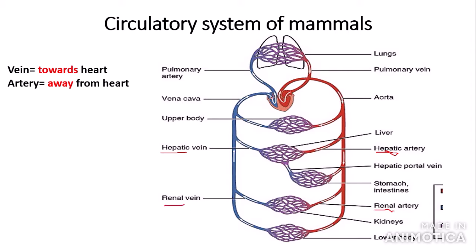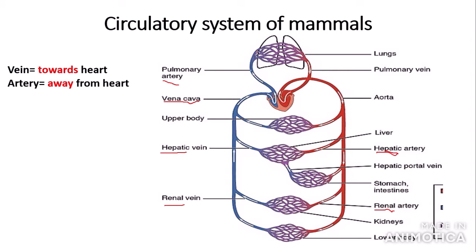Here we have the main blood vessels supplying the heart. The blood vessel that supplies the heart with deoxygenated blood is called the vena cava, which is a vein. And then the vessel that leaves the heart and goes towards the lungs is called the pulmonary artery, noting that this is still deoxygenated as it hasn't reached the lungs yet.